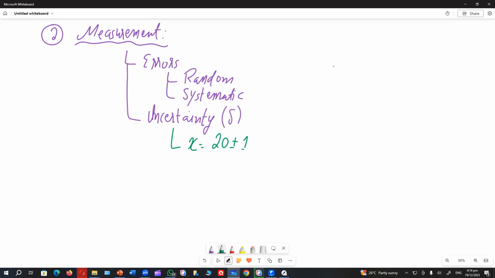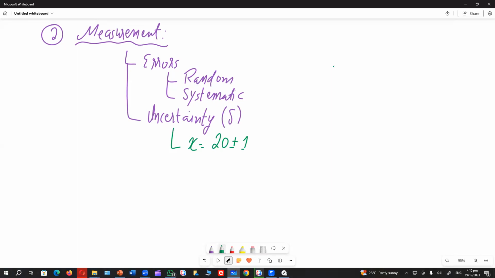As you people see in marking schemes, the answer is written like this, 20 plus minus 1. So this is an error which is on both sides of the actual value. This is called uncertainty. Here, 1 is the uncertainty. Uncertainty should always be given correct to one significant figure.